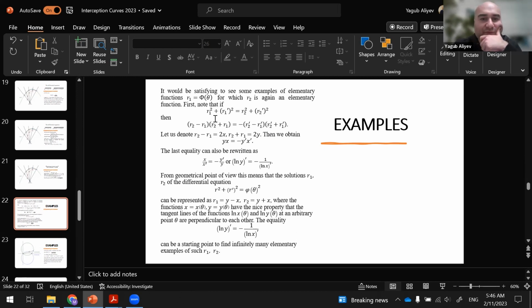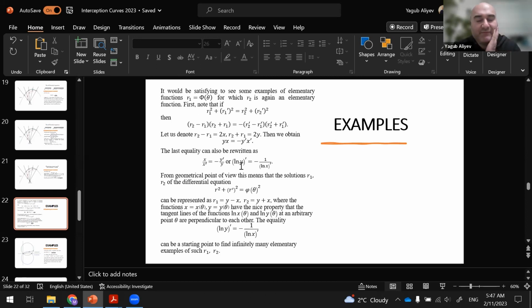If you have two solutions R1 and R2 satisfying that differential equation, then this should be true. But if you introduce x and y, which are unrelated to the original xy, both functions of theta, then you end up with this equality, which can be written like this or like this.